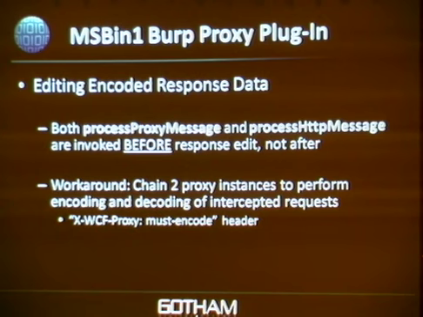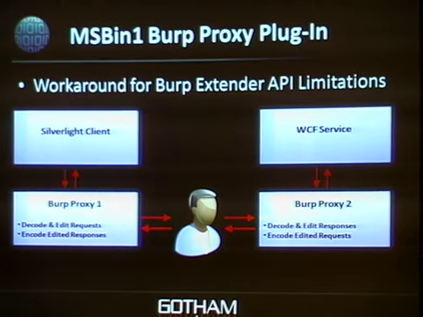So there is a workaround for this, which is a little clunky. It's not very elegant, but it works. You can chain two of the proxies together, and you set the first one to decode and edit the requests, and the second one to decode and edit the responses. So you have one instance doing your requests, one instance doing the responses.